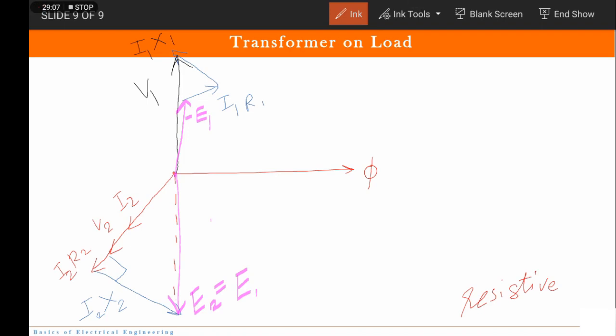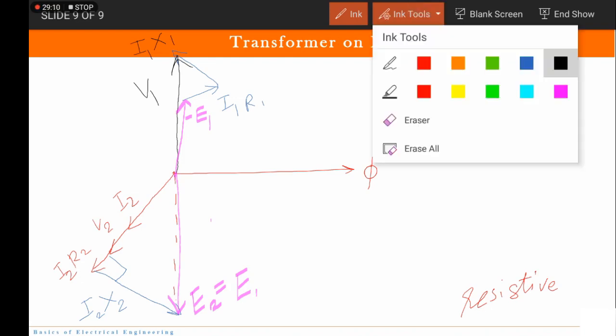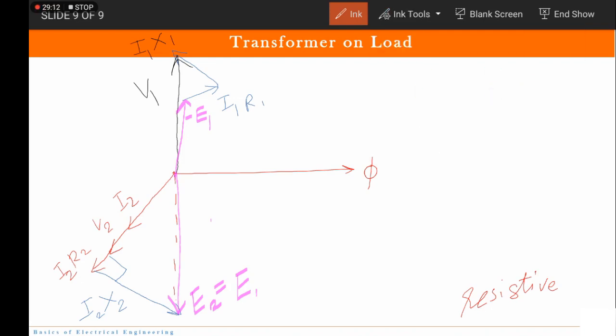Opposite to this I2, I will have I2 dash, and then I have I0.